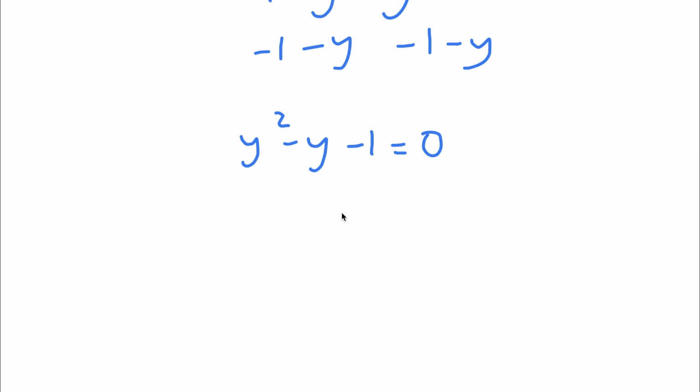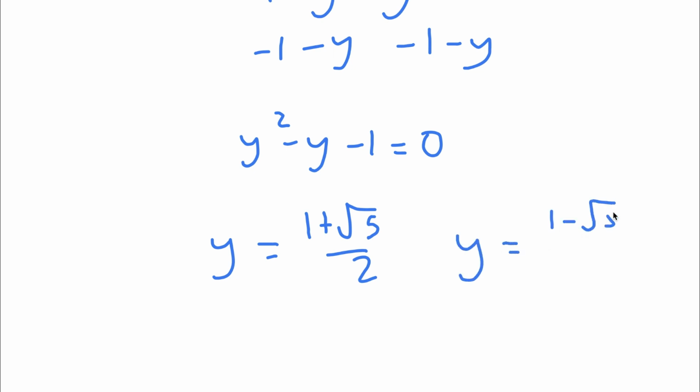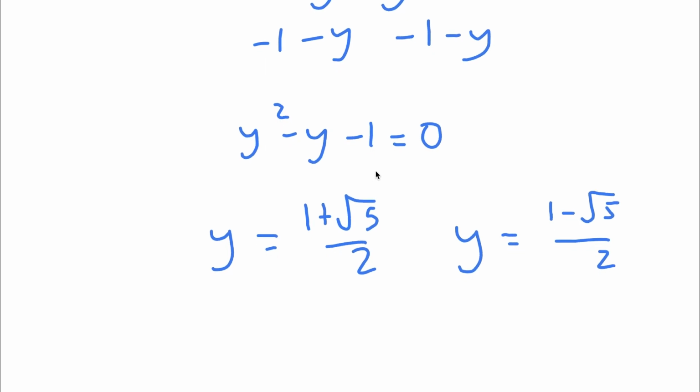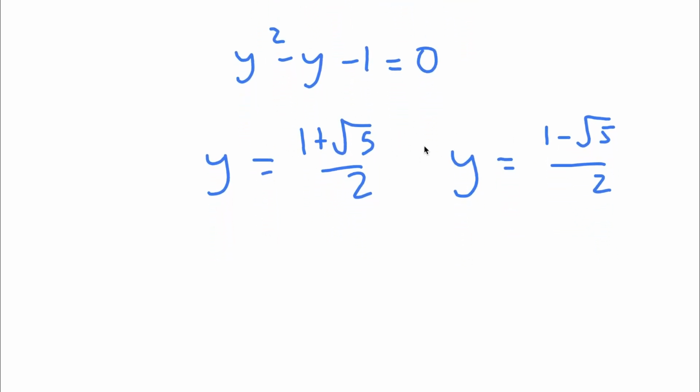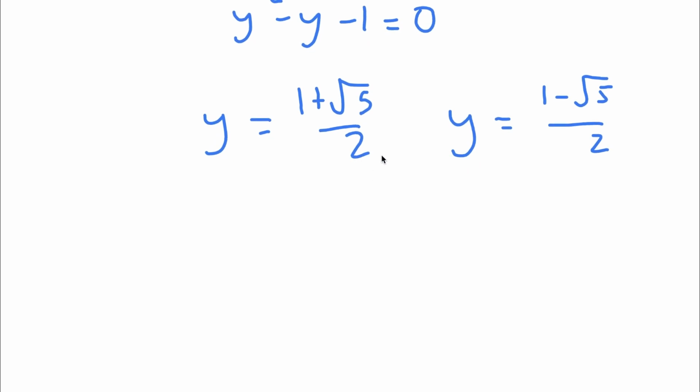So if I plug this into the quadratic formula, I get y is equal to 1 plus the square root of 5 over 2, and also 1 minus the square root of 5 over 2. I'm not going to waste your time putting that in the quadratic formula, so I simply just wrote the solutions out.